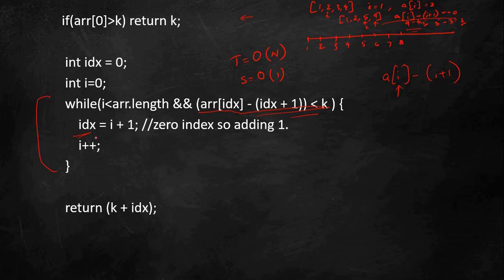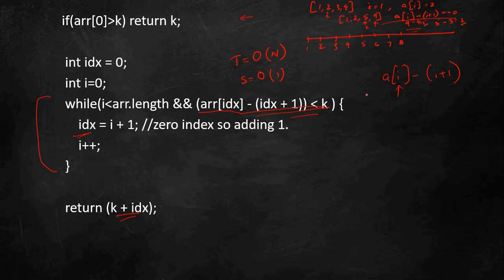In either case, the final value of index will tell us how many numbers are missing, and we just need to add those many numbers to k at the end. So k plus idx will give us the kth missing number.